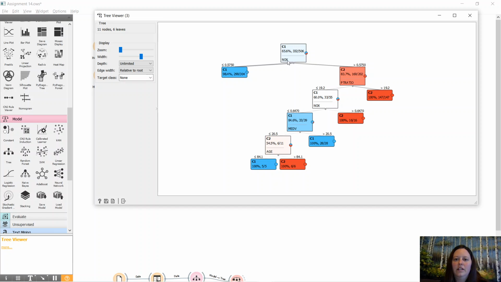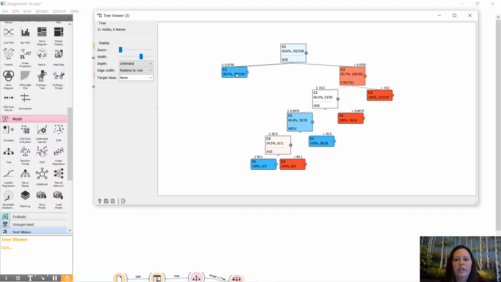This is the pollution rate. So if the pollution is greater than 0.75 or 83.7%, then the next category, this is going to show the most important category that Orange decided. The next category shows pupil to teacher ratio, depending on the tract of housing that information is talking about.